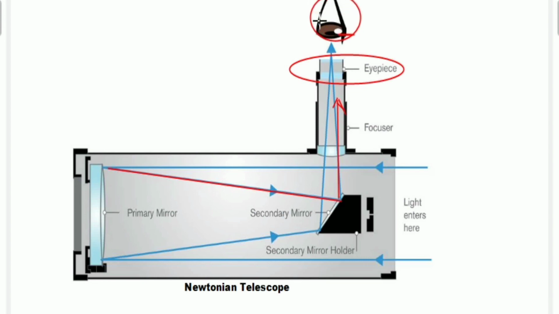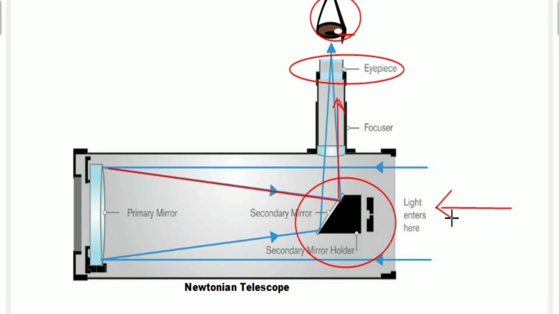If you observe through this eyepiece the rays reflected by this plane mirror, you get a magnified image of the source, and because of that you can see the heavenly objects from which the light rays are coming in this direction.